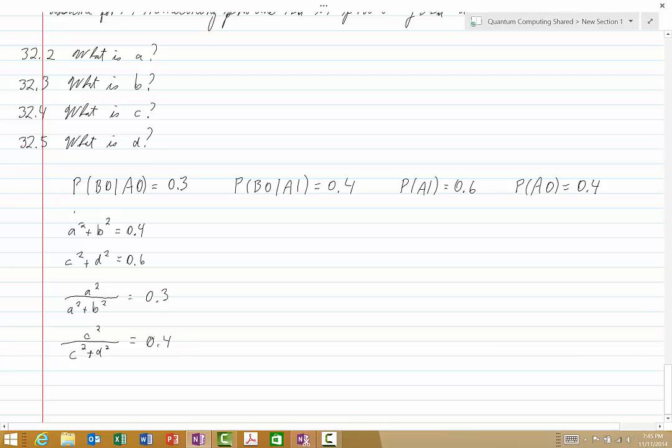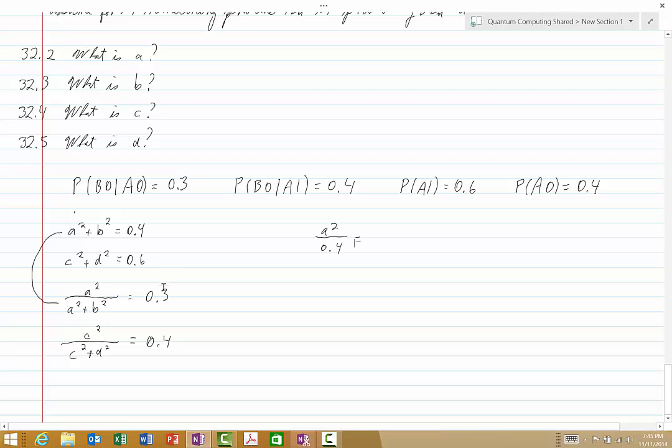And so now we will see that once we've made these observations, this problem is trivial, because if we take the first equation and the third equation and put them together, then we will have A squared divided by A squared plus B squared, which is 0.4.